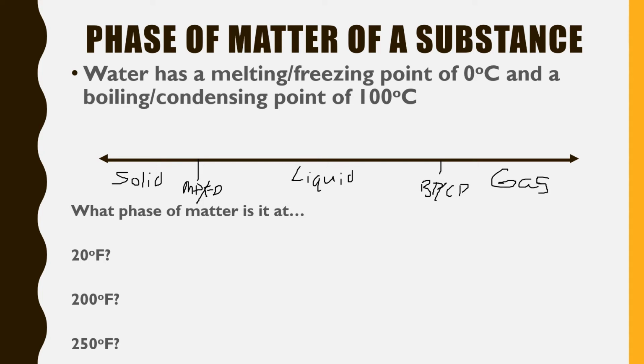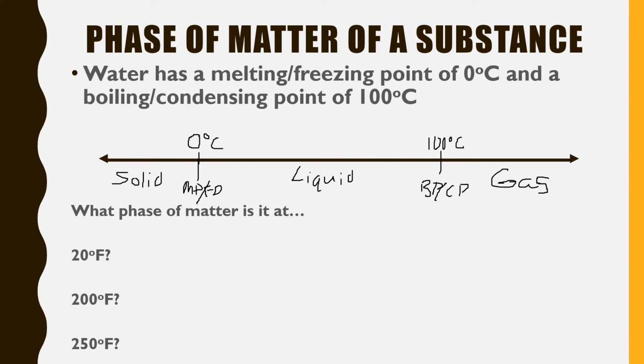All right, awesome. And again, it makes sense. At higher temperatures, it's going to be more likely a gas. Gas is the highest energy phase of matter, so the higher the temperature, the more likely it's going to be a gas. So I need you just to know all these numbers for water. I'm not going to give them to you. I just need you to know that water freezes at 0 and boils at 100, and that's for Celsius.